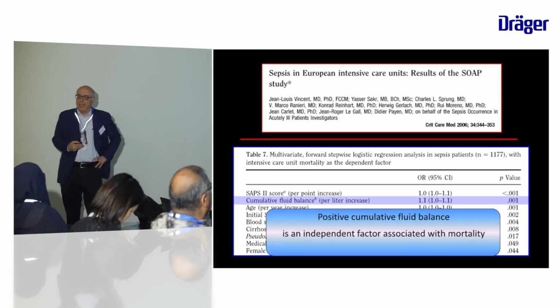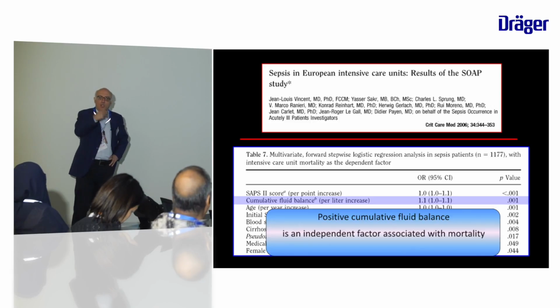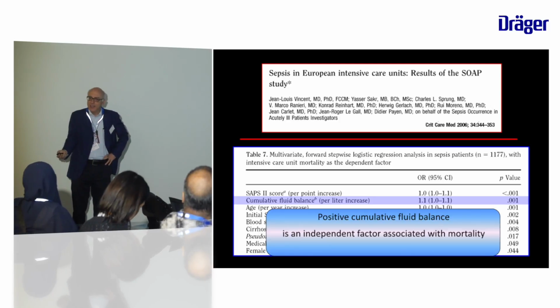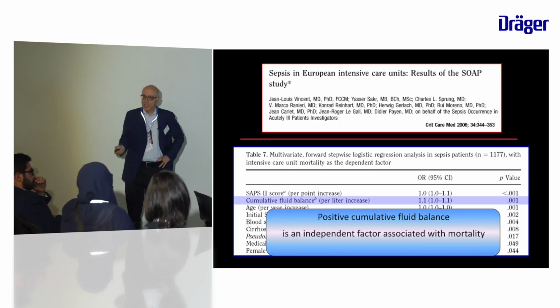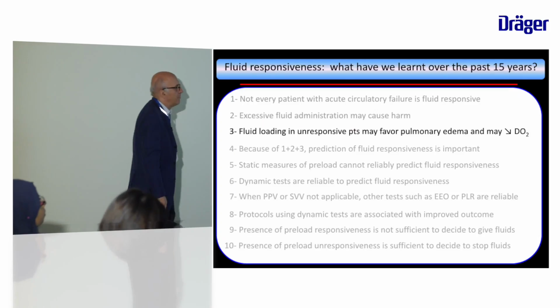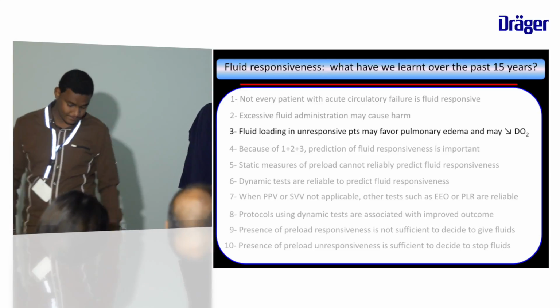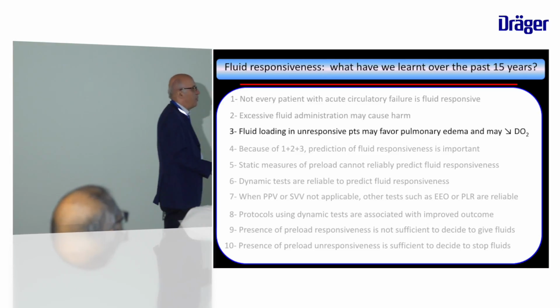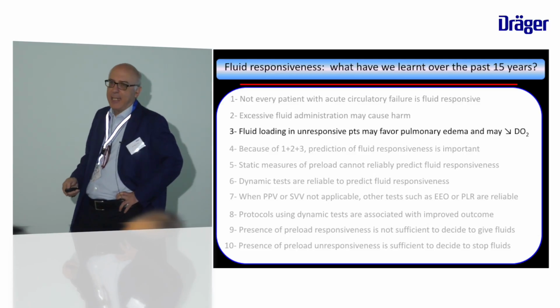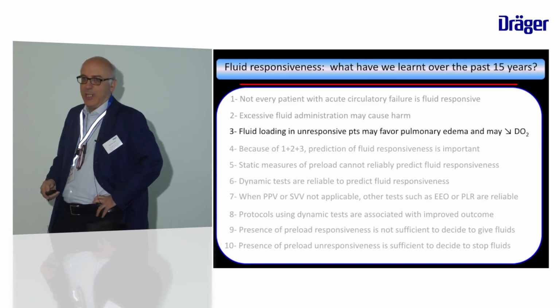So we have to take care. 50% don't need more fluids, and if we give more fluids inappropriately, we worsen outcome, okay? Fluid loading in an unresponsive patient may favor pulmonary edema and may decrease oxygen transport.